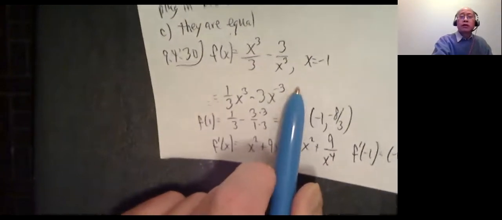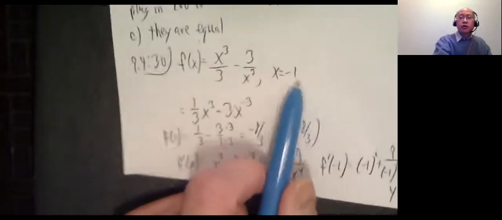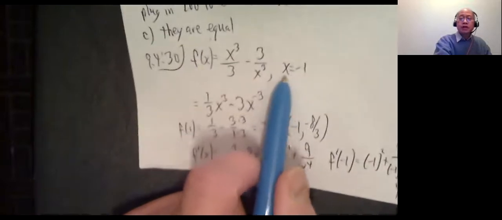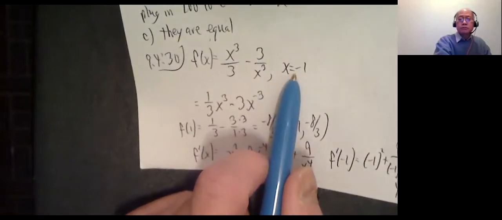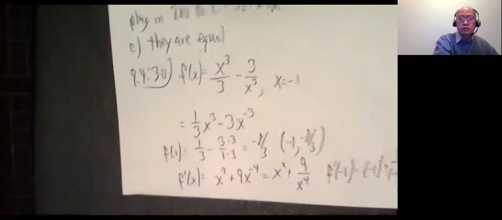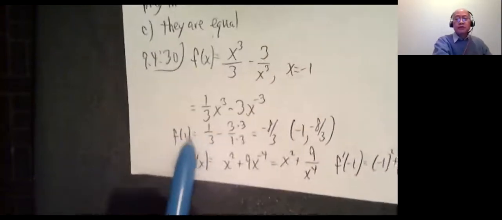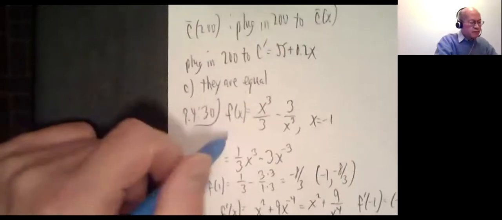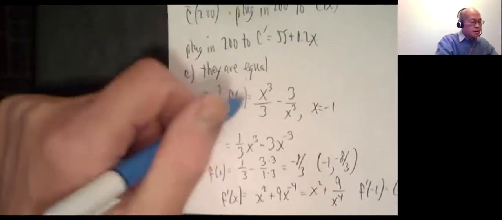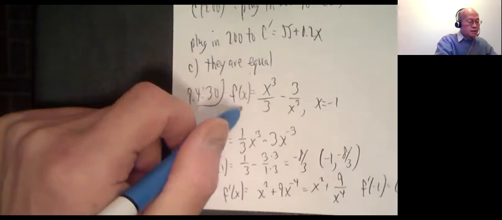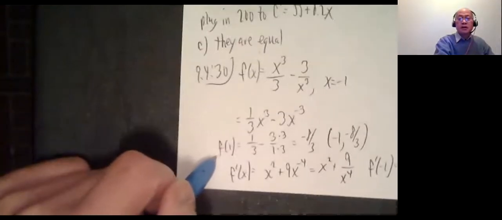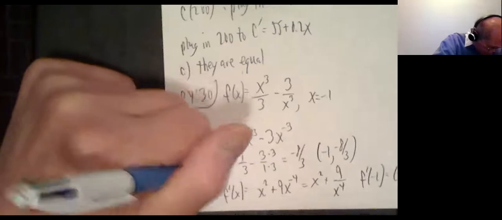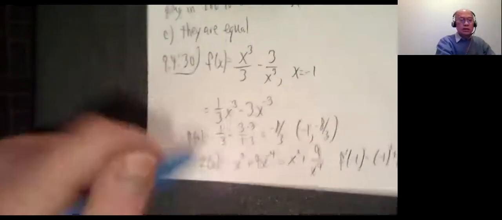First, I notice to do the point slope form, I need a point. They only give me the x coordinate. How do I find the y coordinate? Plug in. So f of -1. Actually, I think I goofed here. I'm supposed to put f of -1. My bad. It's negative. So -1 cubed, that should be -1/3.